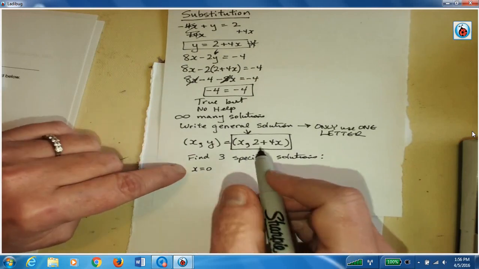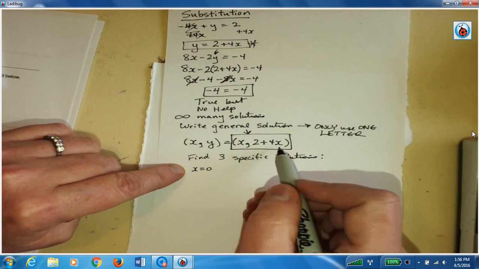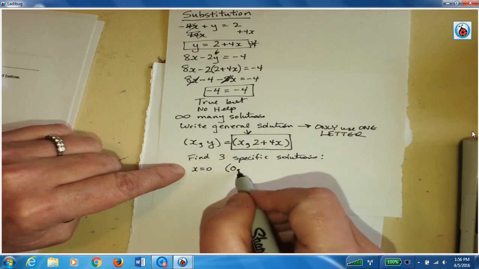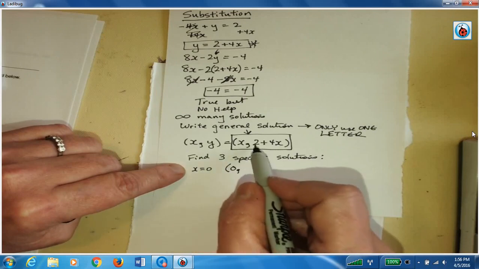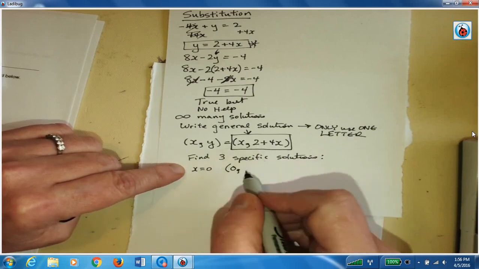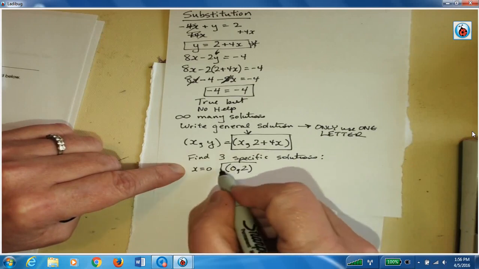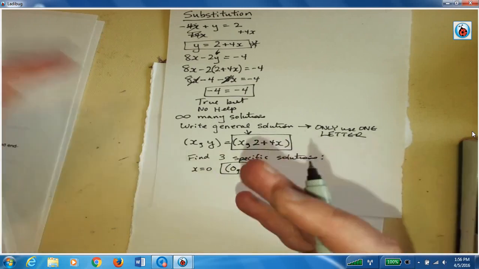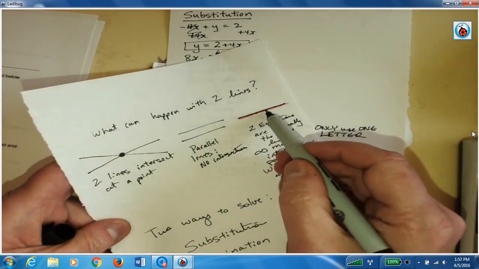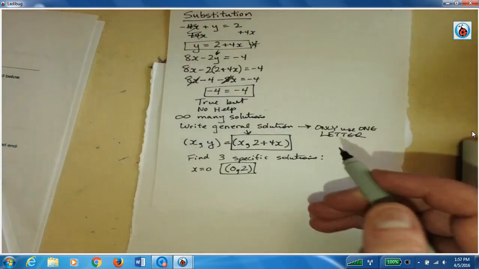So if x is equal to 0, what point do you get? The x coordinate will be 0. And what will the y coordinate be? It'll be 2 plus 4 times 0. 2 plus 0, which is 2. That is one of the points that would be on the one line that they share.